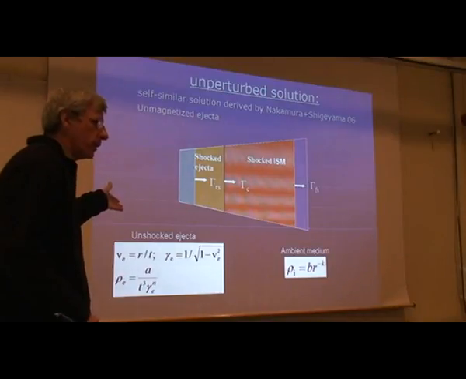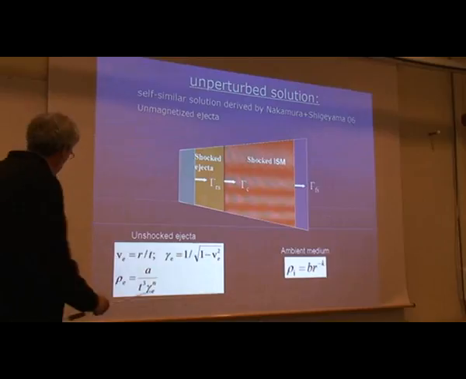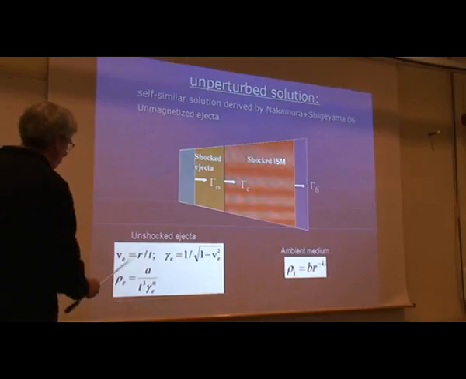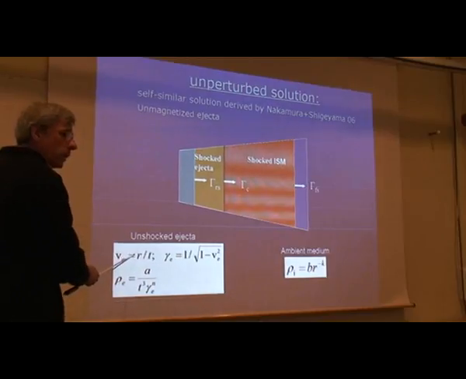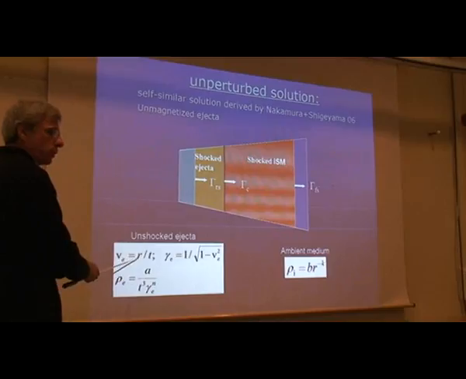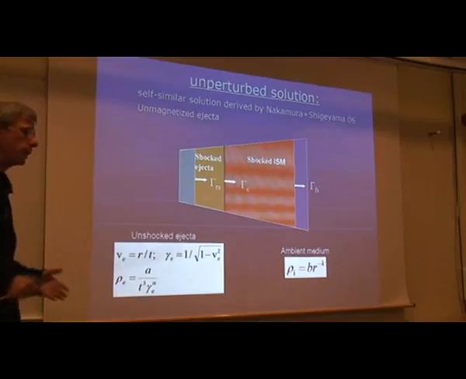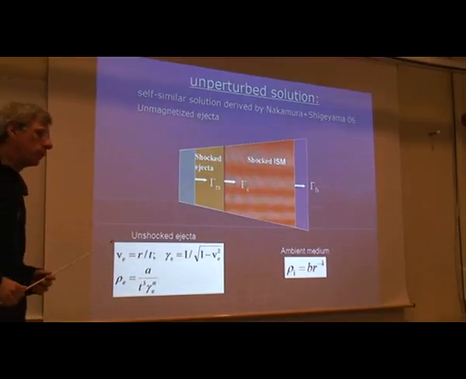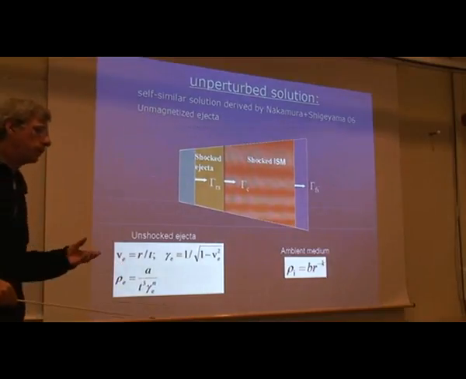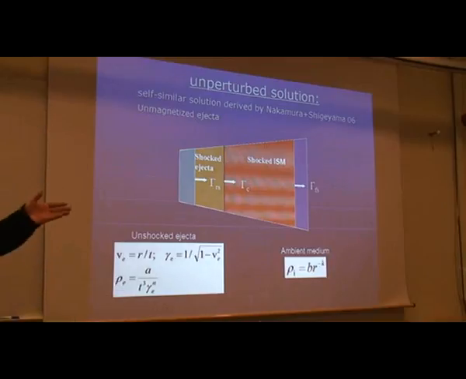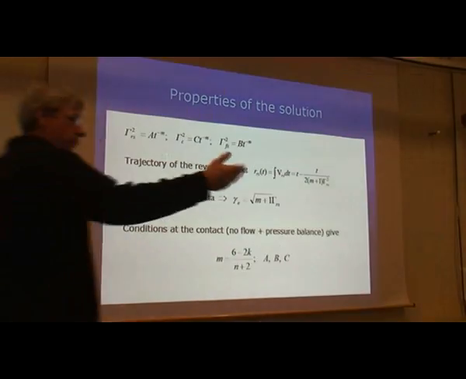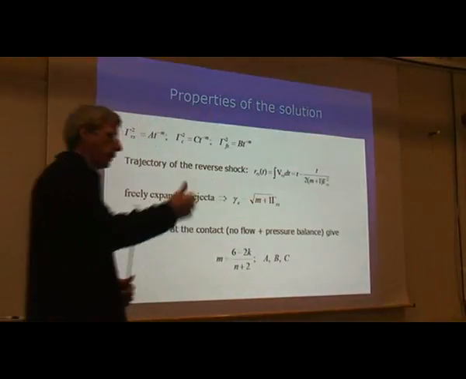But once you take this velocity profile and know the trajectory of the reverse shock, it determines the relative velocity between the ejecta and the frame of the reverse shock. Now the jump conditions depend on the properties of the ejecta, for the pressure and everything else.